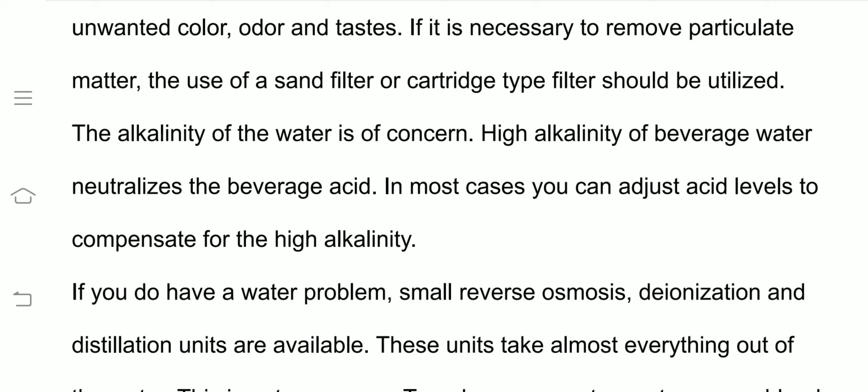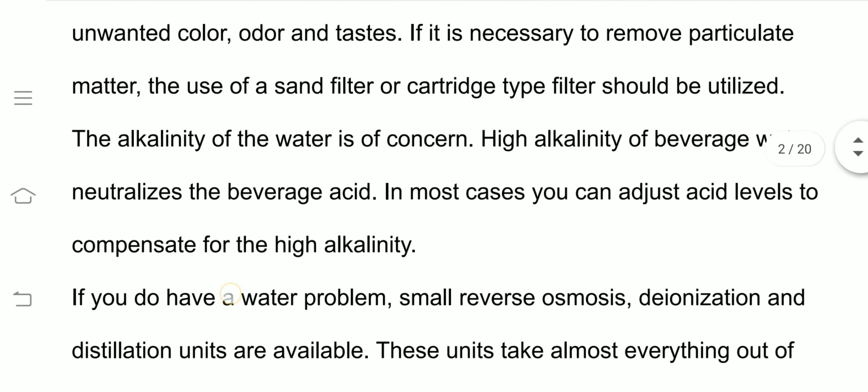Cartridge type filters are made from spun polyester and placed inside a tank. Like the AquaGuard in our homes, which has a cartridge filter to purify water.